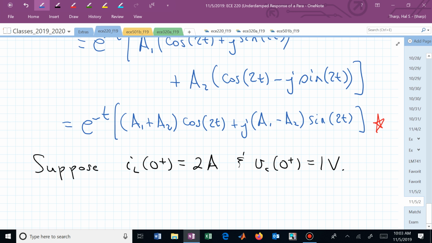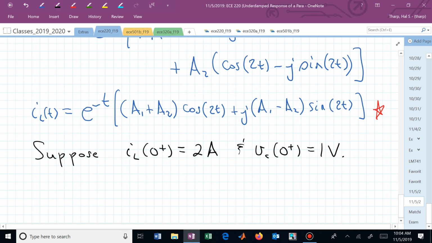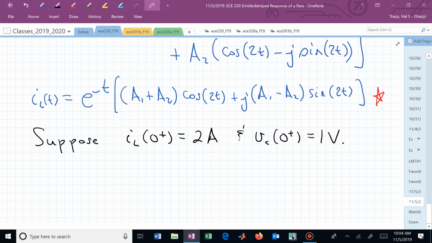And again, this was I sub L of t. That now allows us to start simplifying, at least trying to find some of these equations for a1 and a2. Let's now evaluate I sub L of t at time 0.